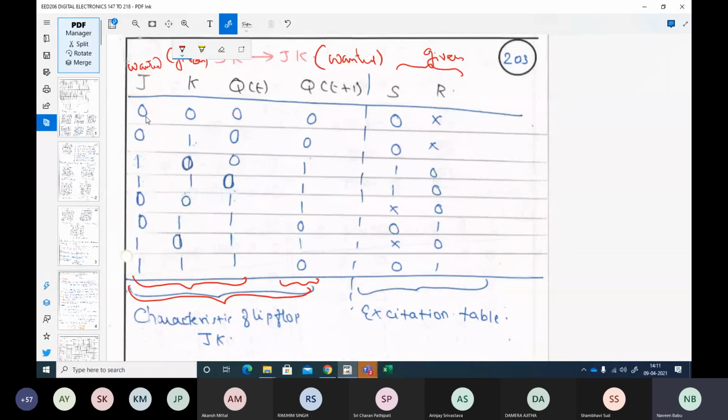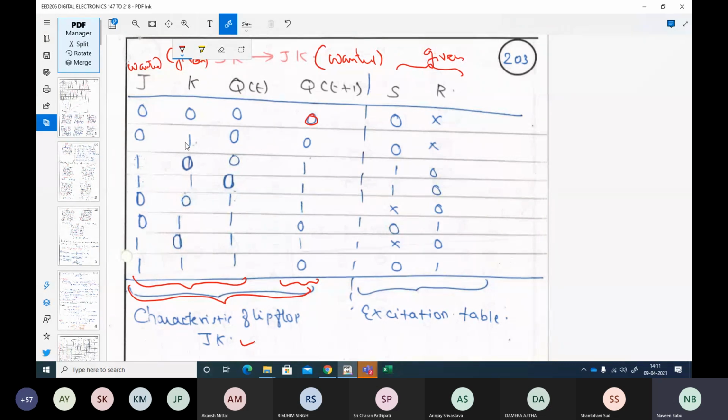When your inputs are 0 and 0 and your present state is 0, what will be your next state? Your next state will be 0, because there will be no change from your present state to your next state. This is how you have to fill. If you just bluntly memorize and use the characteristic table of a JK flip-flop, you will go wrong. Always apply the logic.